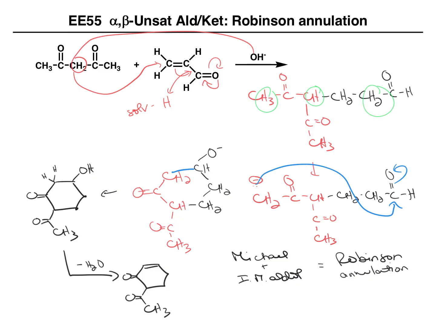Now, when you do the Michael reaction that we looked at in an earlier video, how do we know when it's going to stop at the Michael reaction and when it's going to do more? Well, some of it depends on the stoichiometry and whether it is likely to have an intramolecular or intermolecular reaction. Some of it depends on the nature of the compounds that you're working with.